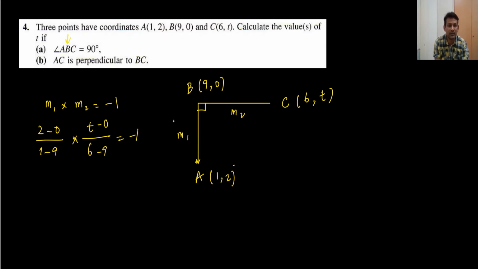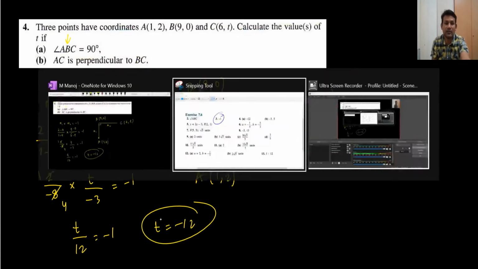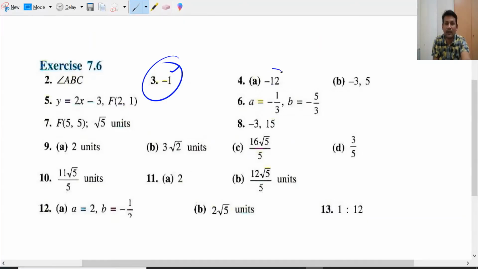We get 2 upon -8 multiplied by t upon -3 is equal to -1. 2 times 1, 2 times 4 cancel out. This minus is plus. This is t upon 12 equals -1, and t is coming -12. We have done it. Let me check the answer. Yeah, t is -12, it is right.